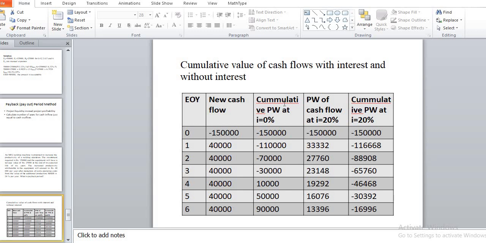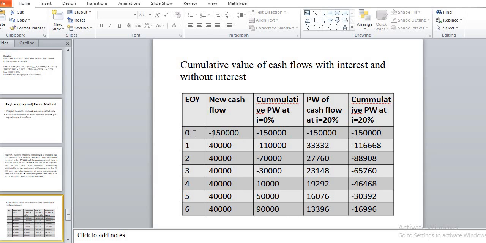So if you calculate the cumulative amount with interest rate equal to 0%, it is simply cumulative. This column represents the cumulative net amount for each year.